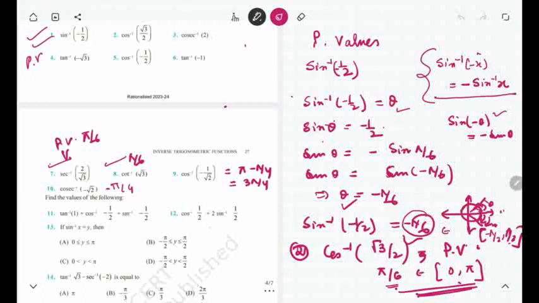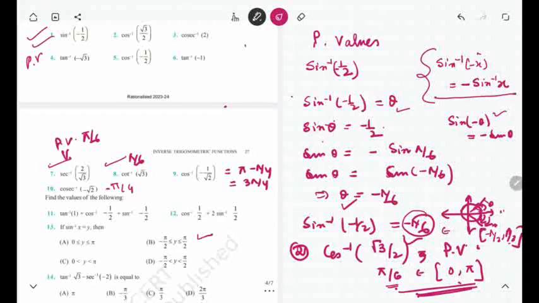All the branches for sine are minus pi by 2 to pi by 2 closed, or pi by 2 to 3 pi by 2 closed, or 3 pi by 2 to 5 pi by 2, like this. So this is not. This is the answer, right? y must be between this.